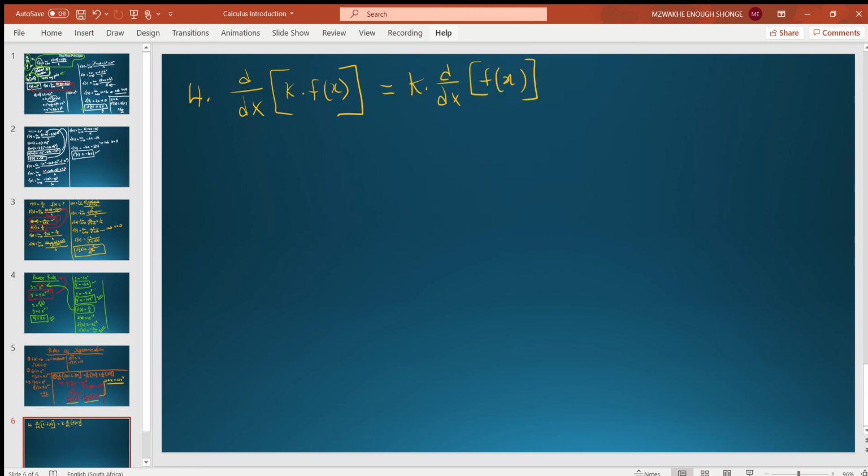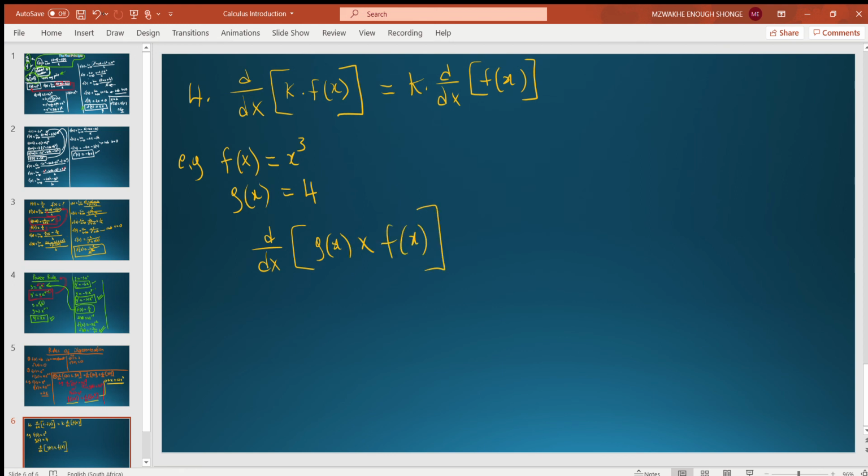For example, if f of x equals x to the exponent 3, and then you have g of x equals a constant, let's call it constant 4. Then you are told to find the derivative of g of x multiplied by f of x.